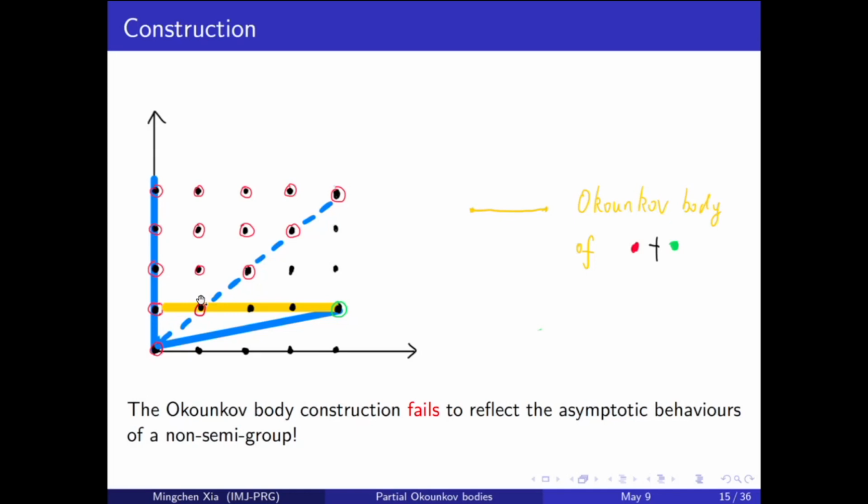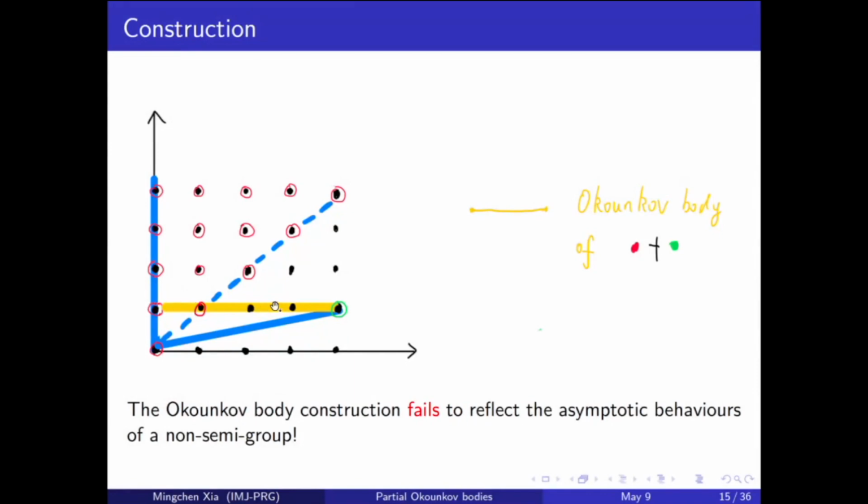But the thing is, we really want to construct some convex body which can characterize the asymptotic behavior of our semigroup. When the level tends to plus infinity, the semigroup given by the red points and the object given by the red points plus the green point are exactly the same, because we're only adding a single point on level 1. But we see that their convex hulls become immediately different, and the corresponding convex bodies become immediately different.